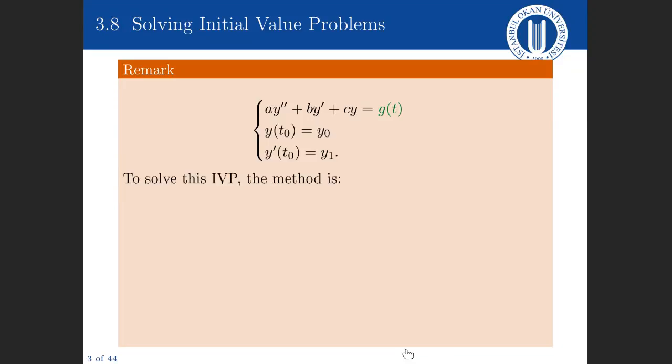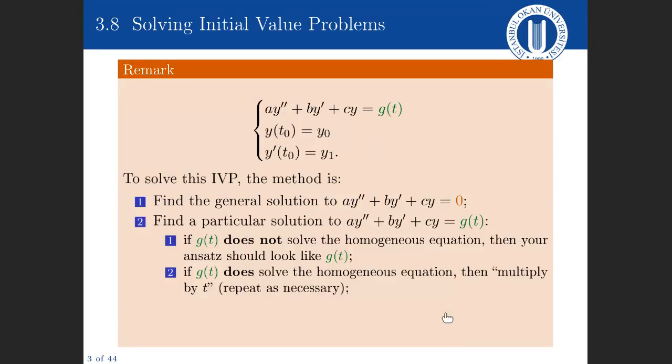To solve an initial value problem like this, the idea is, first, we need to find the general solution to the homogeneous equation a y double prime plus b y prime plus c y is equal to 0. Second, we need to find a particular solution to our differential equation. Two possibilities here.